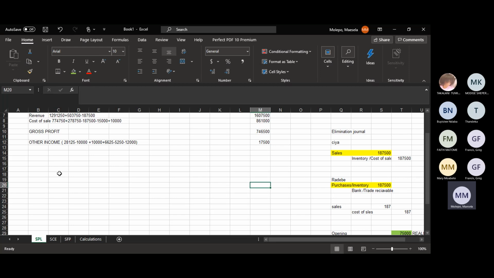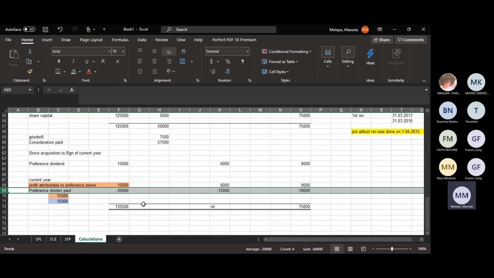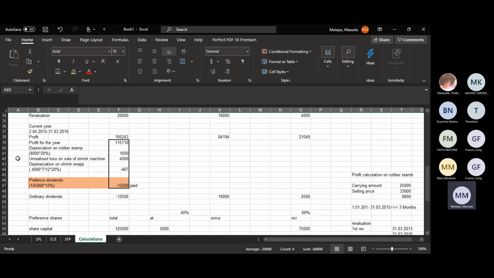Then we go to the expenses. The other expenses. On the other expenses, we're gonna have the one from the pre, which is 191,250. We added with 52,500, and then there was the calculation here on this unrealized profit.